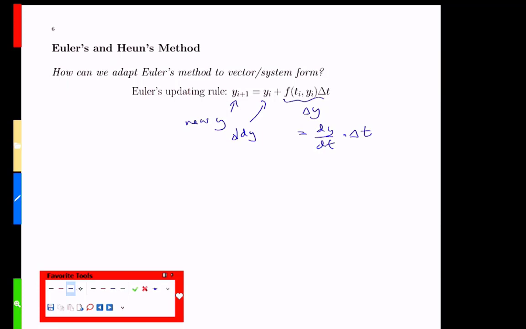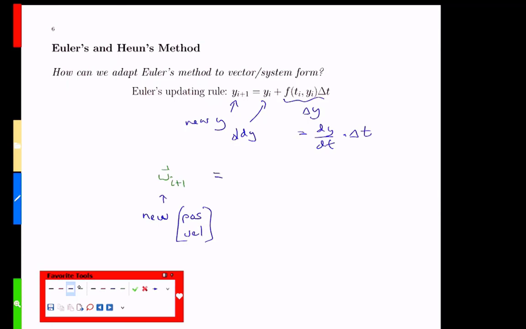What we need to do now, though, is basically put a vector on this. So my y is now a w. So w has two things in it. And this is my new position and new velocity. We're going to stack them up as a column vector.